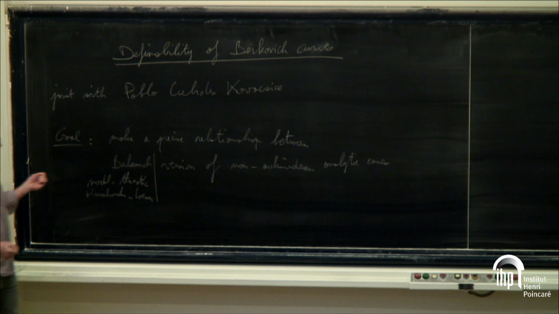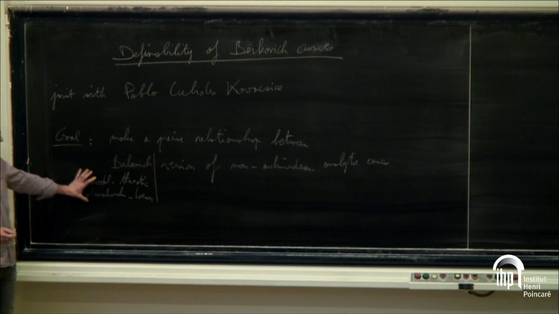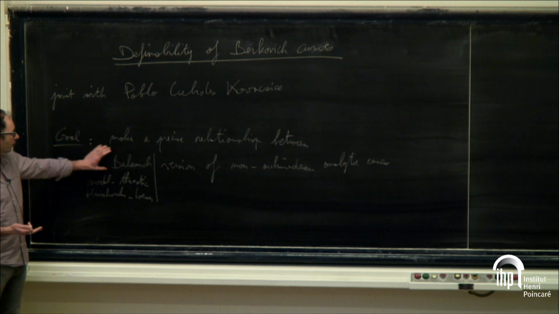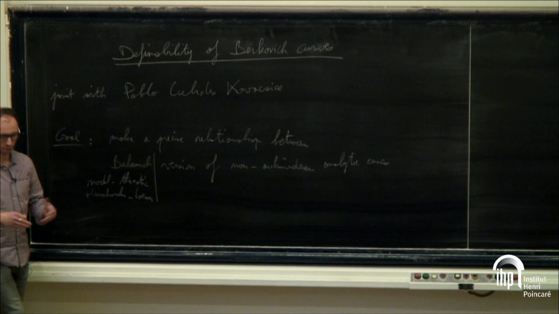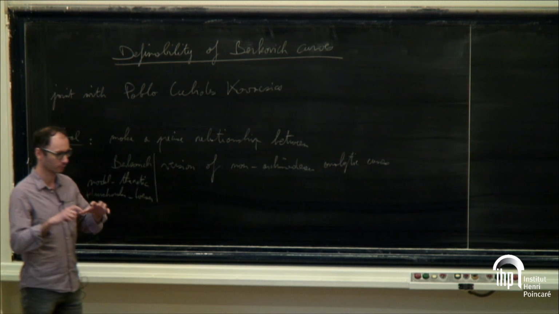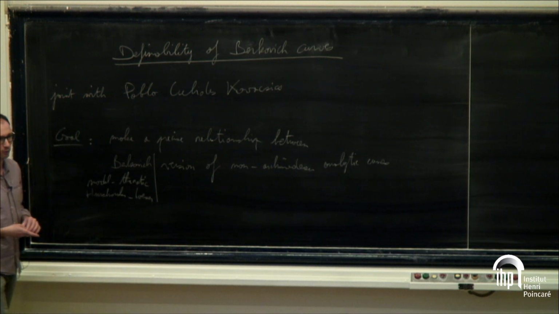For instance, maybe the first question that comes to mind is, in this model-theoretic version, of course, you have a notion of definable set. So what are these definable sets in the Berkovich setting? We are used to thinking about Berkovich curves with some precise structure, basically coming from the semistable reduction theorem.